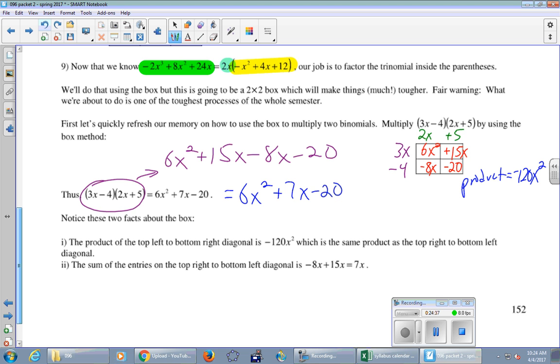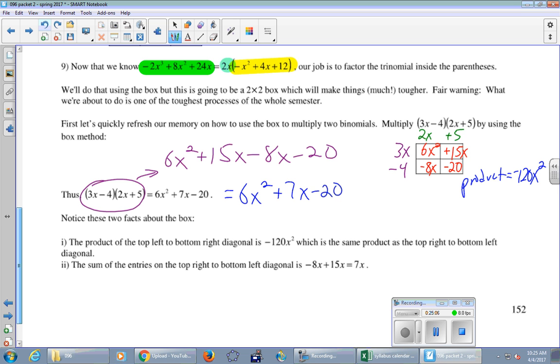Negative 120x squared. This should be a surprise. First time I saw it, it was a surprise. I had been teaching for many years, and I did not know this. But it turns out it's always true that if we multiply binomial times binomial, the product on the one diagonal and the product on the other diagonal are always, always, always the same. We're going to take advantage of that.